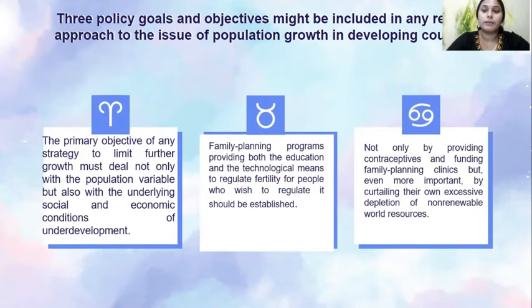The second policy is that family planning programs, providing both the education and the technological means to regulate fertility for people who wish to regulate it, should be established. The third policy is not only providing contraceptives and funding family planning clinics, but even more important, curtailing their own excessive depletion of non-renewable world resources.